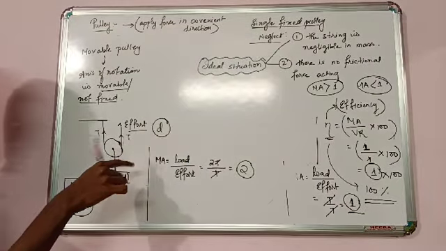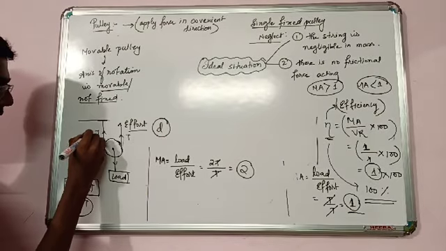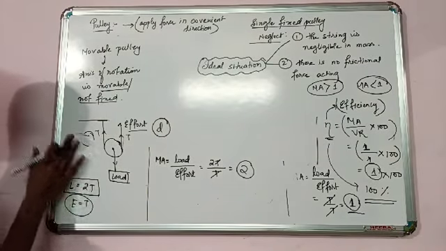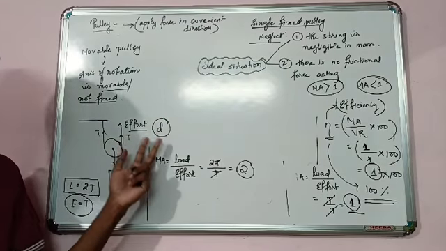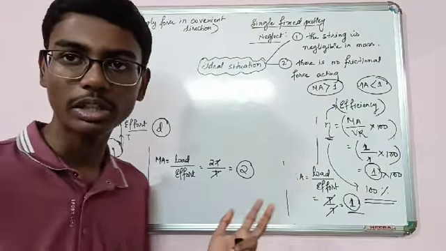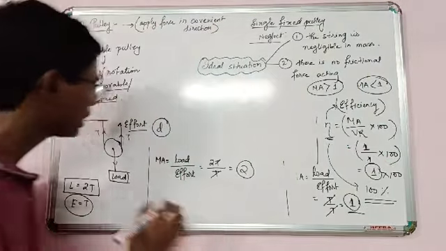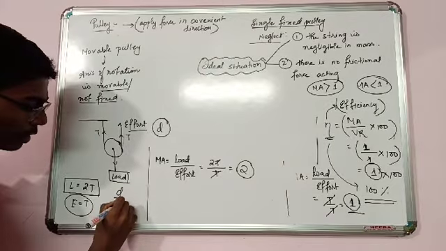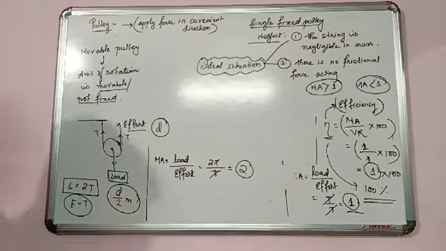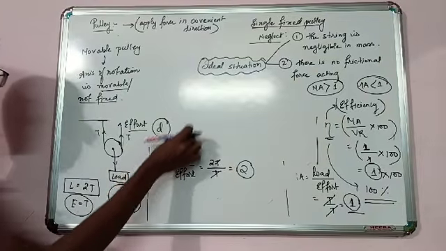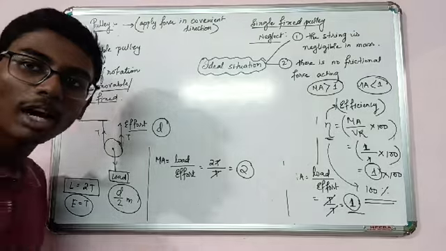If d meter of displacement is caused due to the effort applied in the string, then the load is going to be lifted by d by 2 meter. That is, if the string travels 2 meter, the load will be moved by only 1 meter.